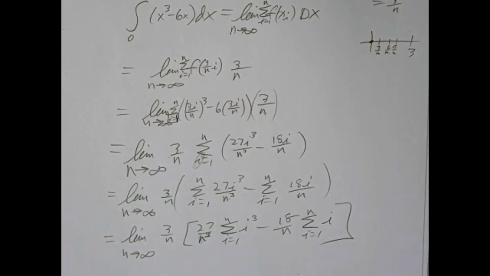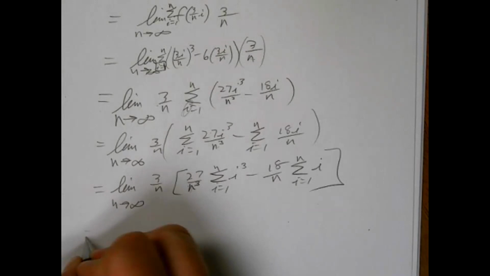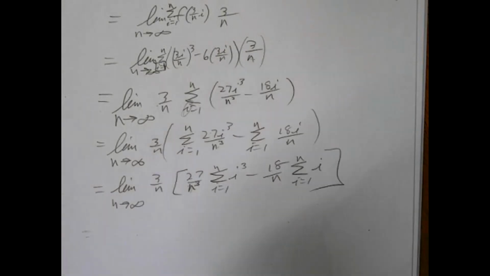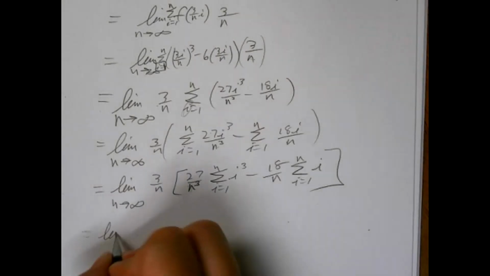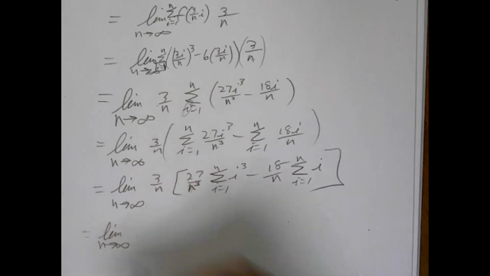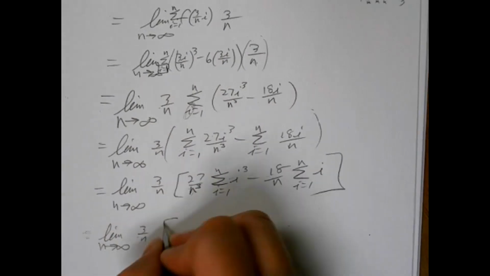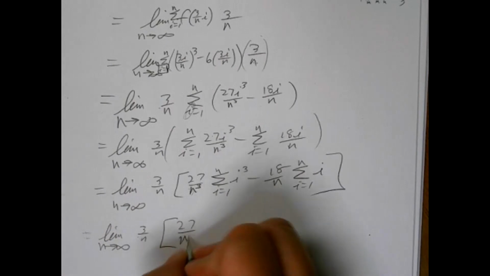All right, again, throwing things out front that behave like constants. Now, as far as the summation is concerned, there are formulas provided in the book that you'll need to use. And so that becomes limit as n approaches infinity, 3 over n, 27 over n cubed.